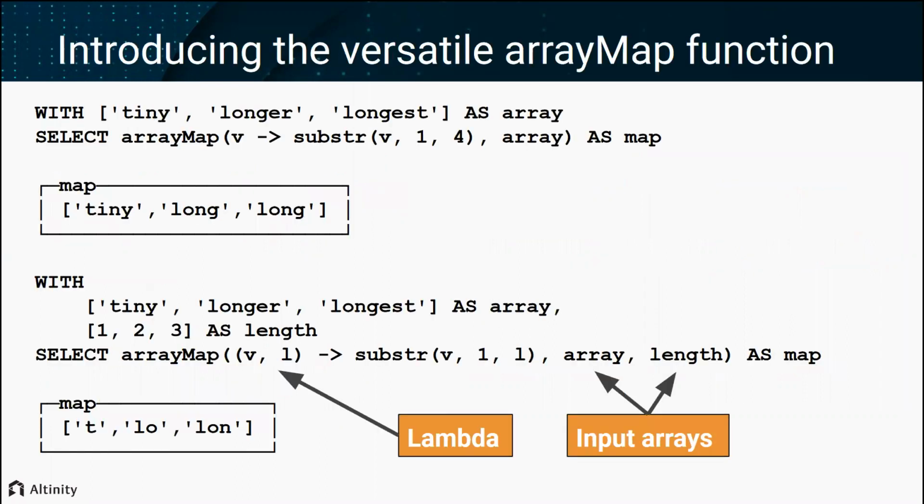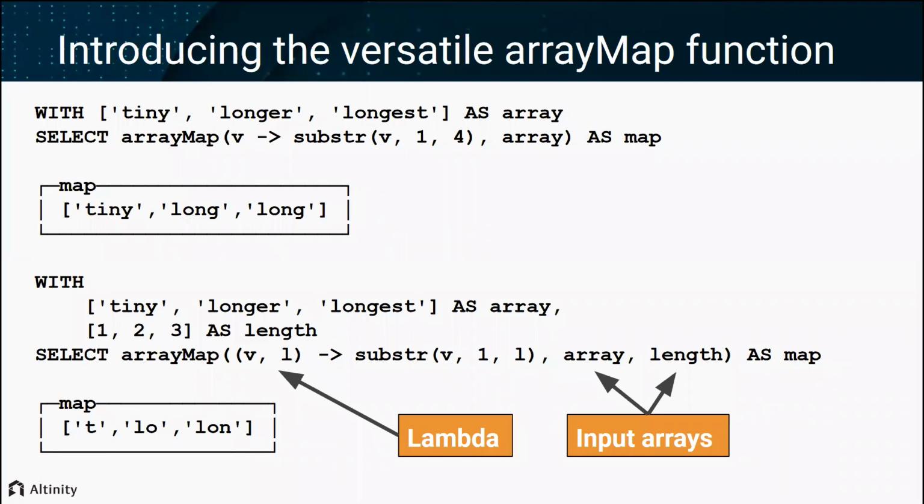Probably the simplest use case of the map function is to do certain transformations from one data type or one column to another column. So in this case, for example, we calculate the substring of an array of strings, a substring of the length of 4, right? This is very, very basic.